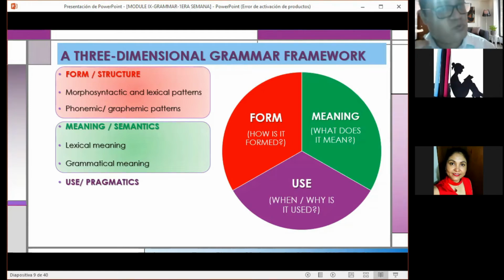And function words, that's related to vocabulary too. Function words include prepositions, articles, conjunctions. They don't have a concept, they don't have a definition. They have a function. That's why we call them function words.